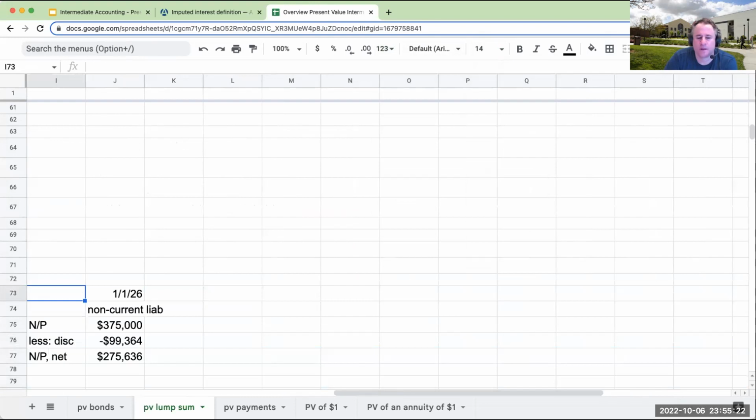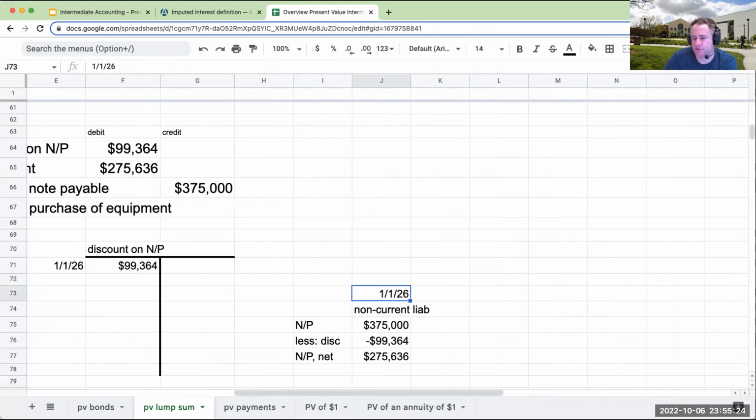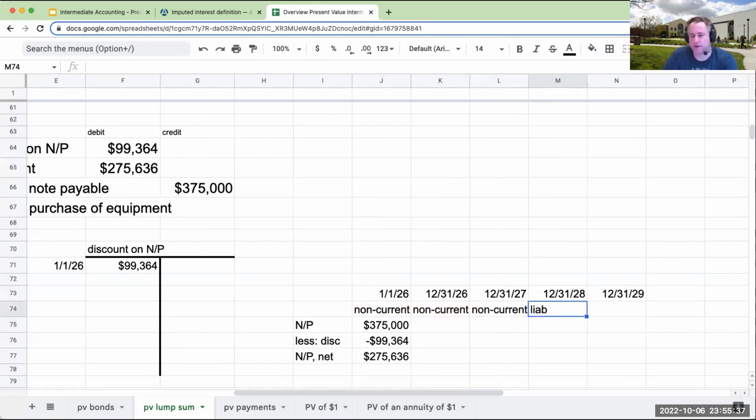This is what my balance sheet looks like right now, and at 12/31/26, 12/31/27, 12/31/28, 12/31/29. So it's going to be a non-current liability, then it's going to become current as we get closer to when it's actually going to be repaid.